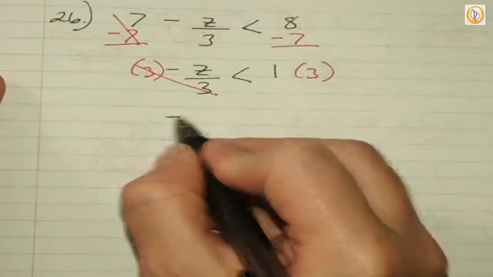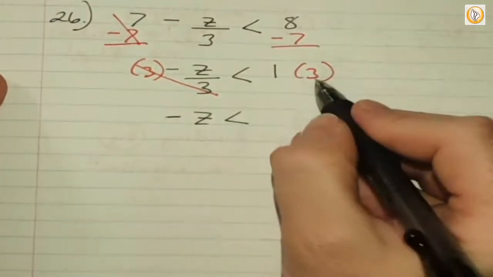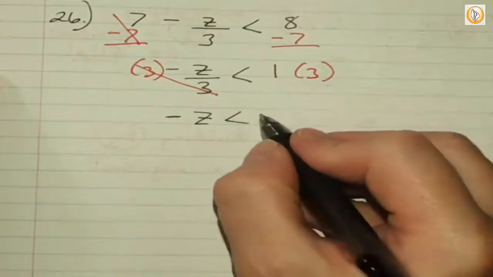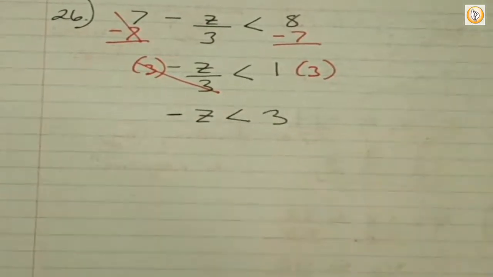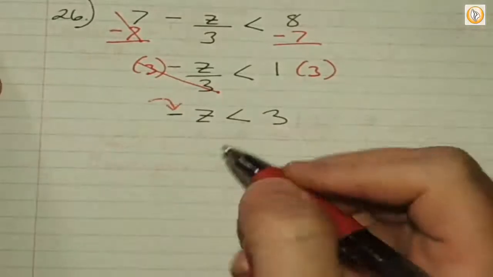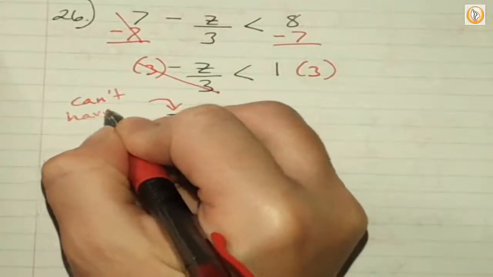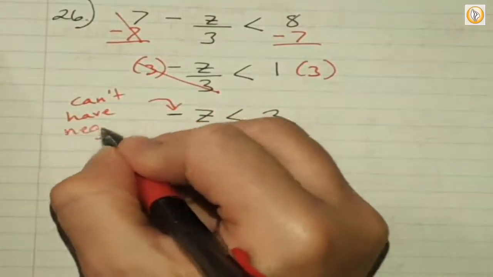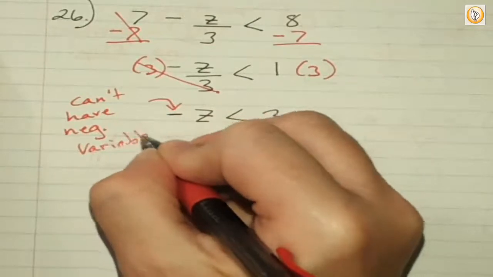I'm left with, look at this, guys, negative z less than 3, because we're multiplying by a positive 3. But now you can't have a negative variable. Enter a new rule. The rule is you can't have a negative variable. She is correct.